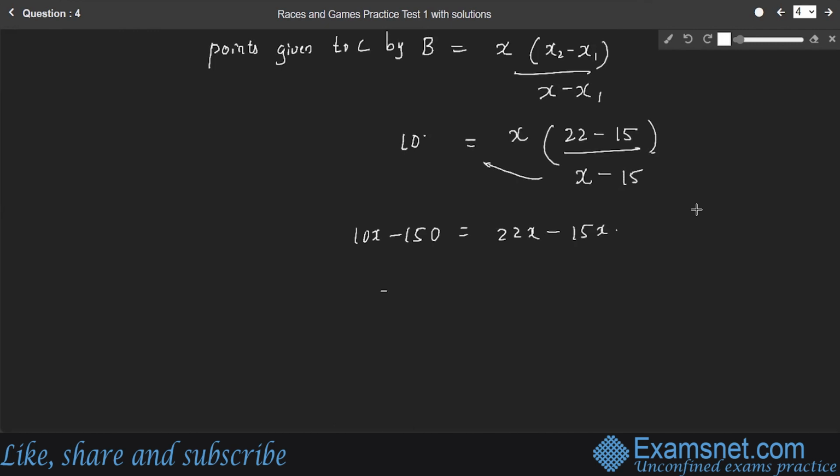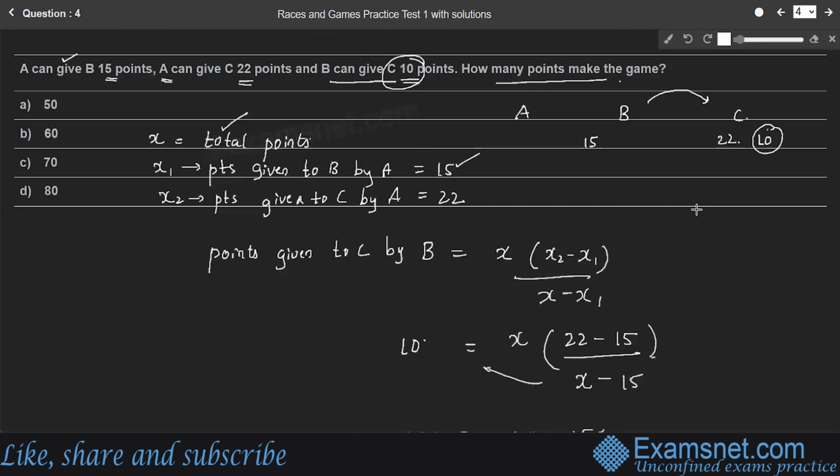Simplify it: minus 150 is equal to 22x minus 15x minus 10x. So 22x minus 25x is minus 3x. So the value of x: minus and minus will get cancelled, so 150 by 3, which is 50. So the total points of the game is equal to 50. So 50 points make the game. Therefore, option A is the right answer.